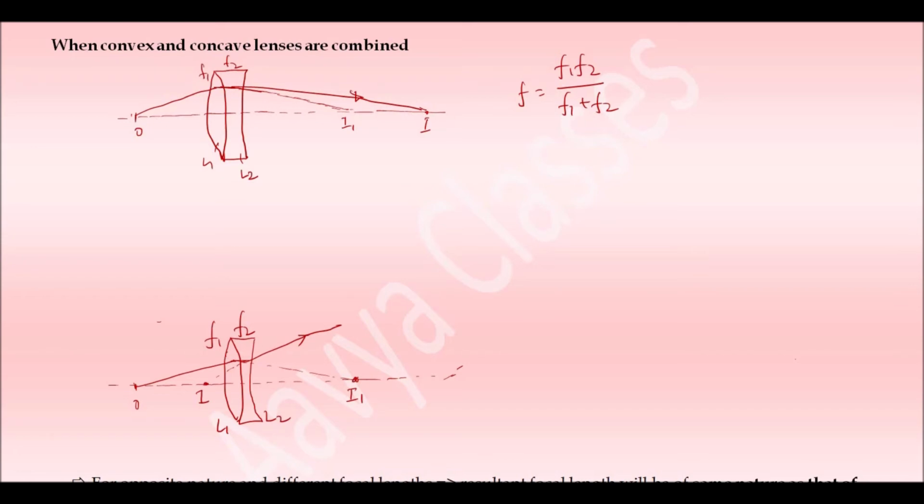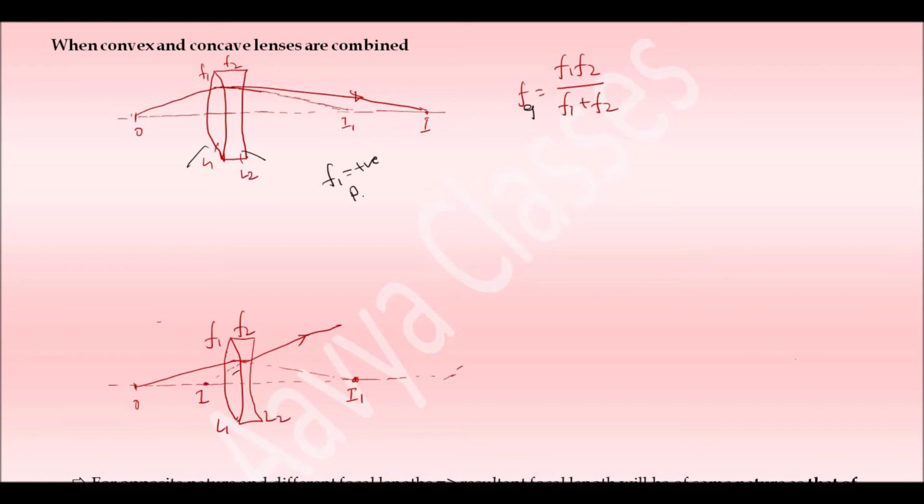So we are considering the case when we are taking one biconvex lens and one biconcave lens. So this is our biconvex lens, this is our biconcave lens, and the formula is F equivalent is equal to F1 F2 divided by F1 plus F2. Now F1 is the convex lens, so F1 must have a positive sign.